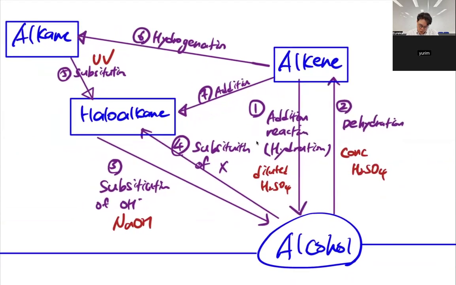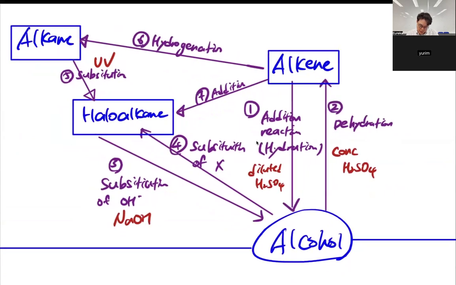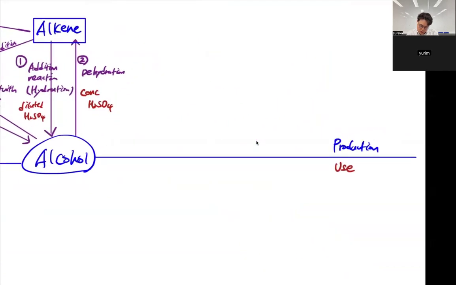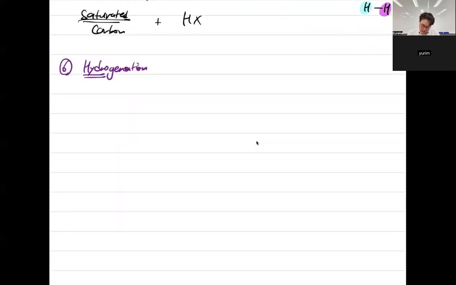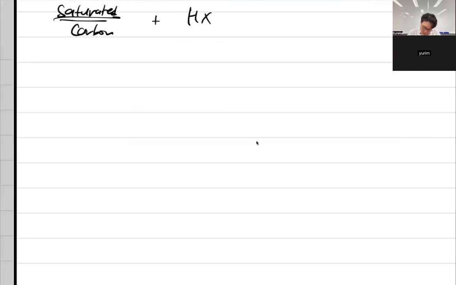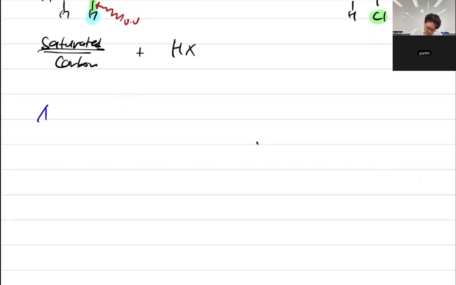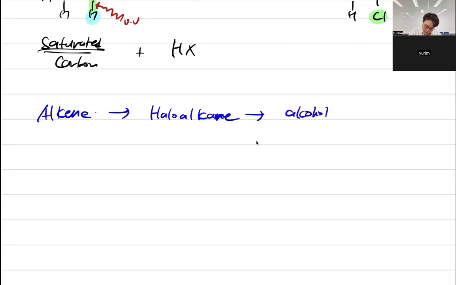Okay, so let's talk about number 7, an addition reaction from the alkenes. So just rewrite it over here like this. The method to produce the alcohols from alkene. So from alkenes, we can go to haloalkane, and we can move on to the alcohol. That's one method.